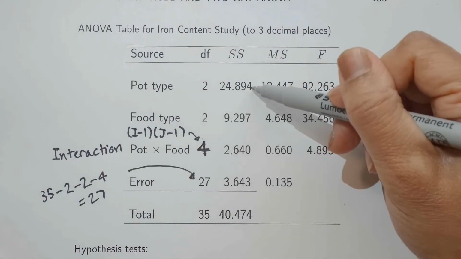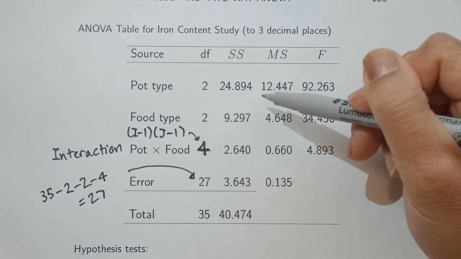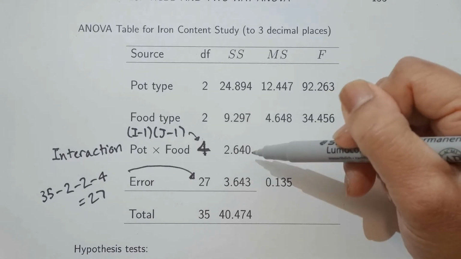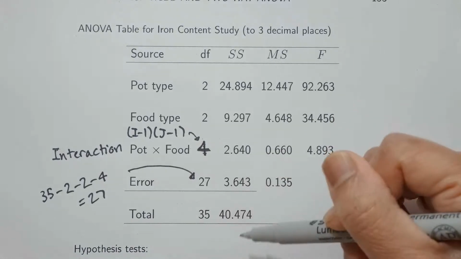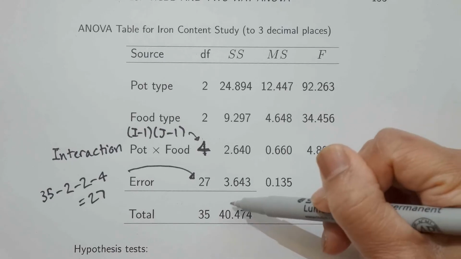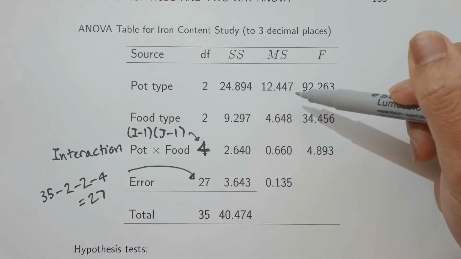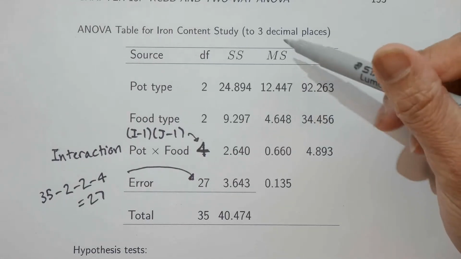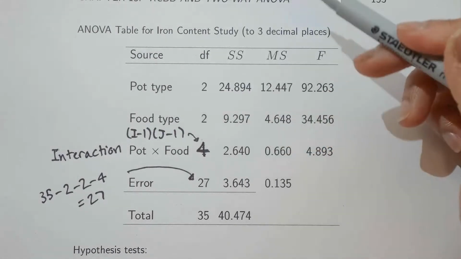These are the sums of squares we calculated on the previous page: 24.894, 9.297, 2.640. And we had calculated the total sum of squares. So the 3.643 we can calculate by subtraction. And then we're in business because the mean square is always the sum of squares over degrees of freedom.